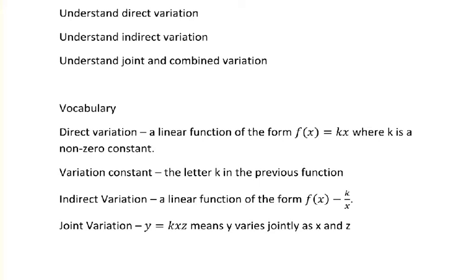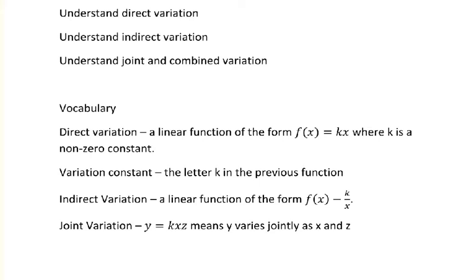So direct variation is a linear function of the form f of x equals kx, where k is a non-zero constant. In other words, as x changes by a factor of k, so does the value of f of x.